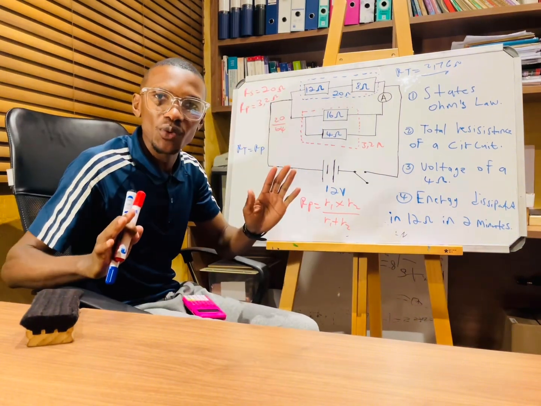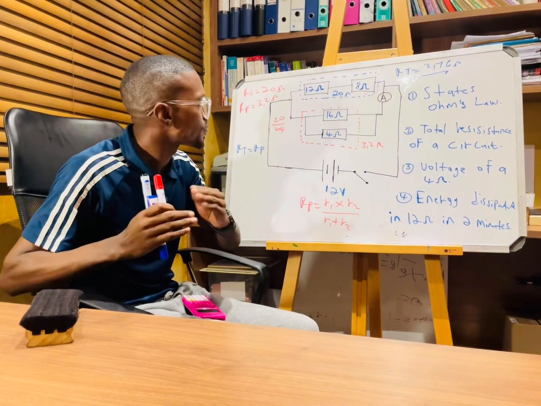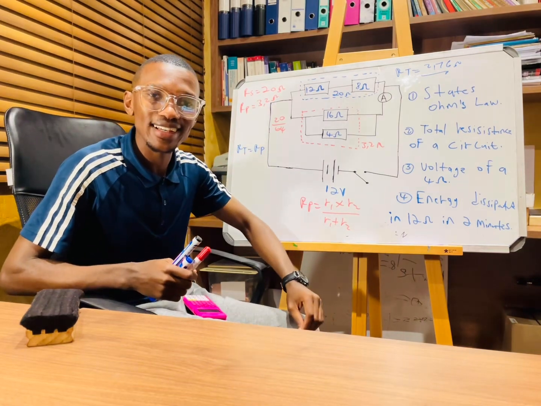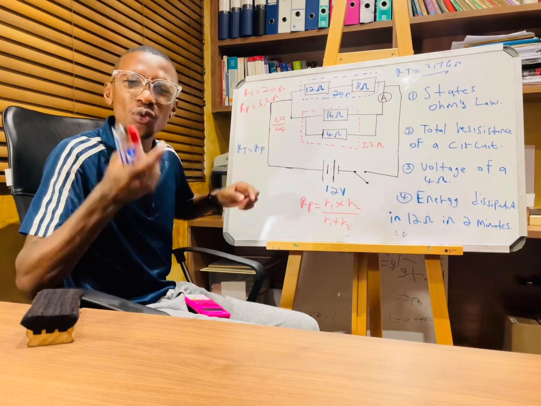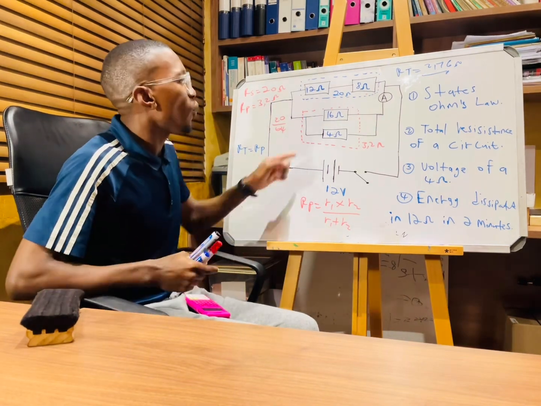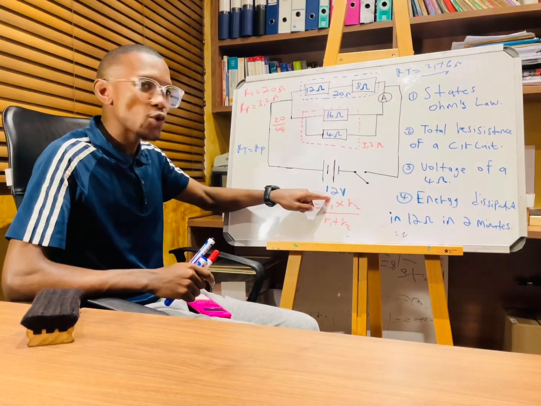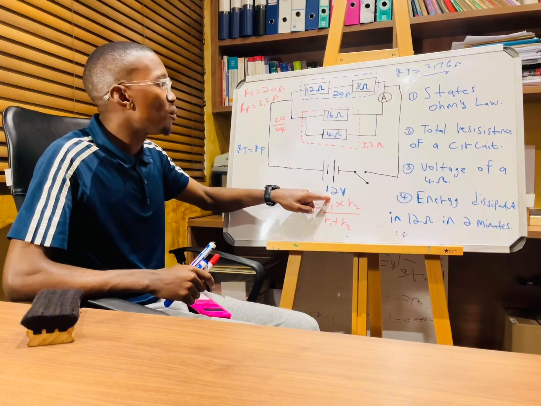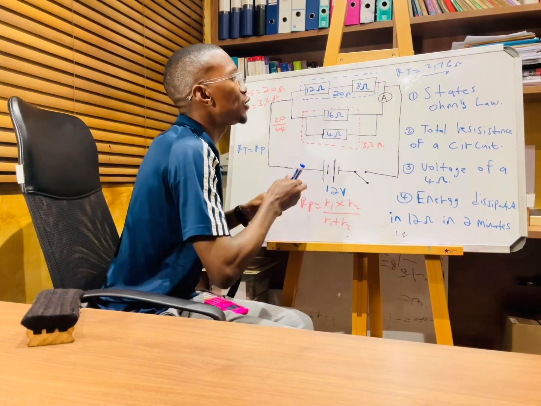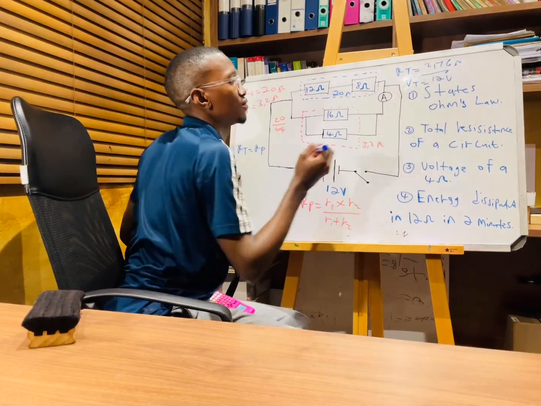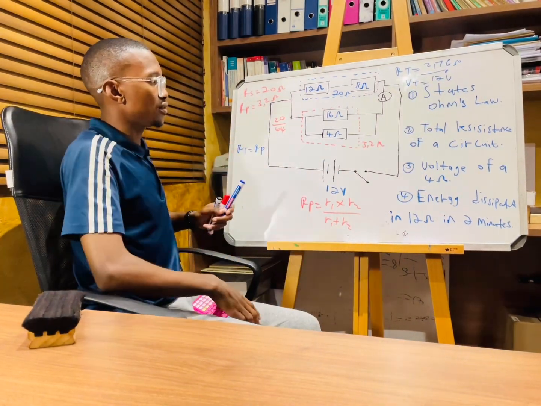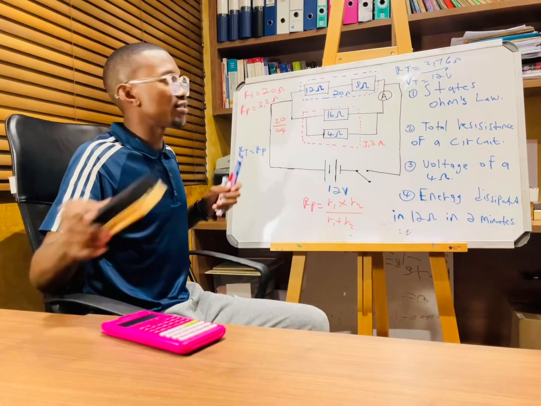Now what happens with parallel resistors in a circuit? They will have the same voltage. Now what is the voltage of the entire circuit? 12 volts. So my V total equals 12 volts. I can erase there so that people can see nicely.